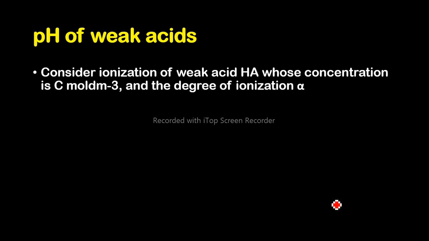You can consider such an acid, for example, ethanoic acid, CH3COOH, which is a weak acid that will partially ionize to give us ethanoate ions and hydrogen ions, aqueous.